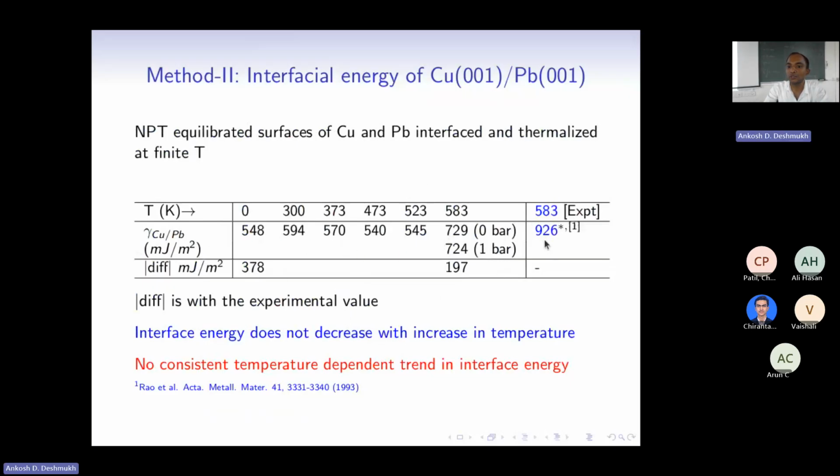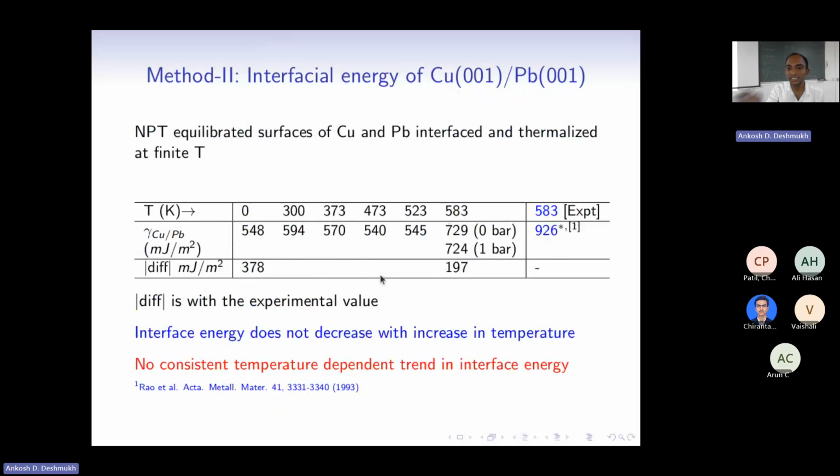With respect to the experimental value, I got a reasonable value, that is 229 at 0 bar pressure, and at 1 bar pressure it is 724, which is reasonably close to the experimental value. But it does not give the correct value for other orientations of the interface for the same material.